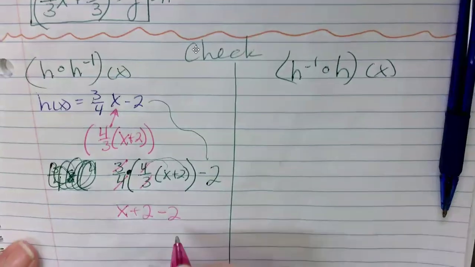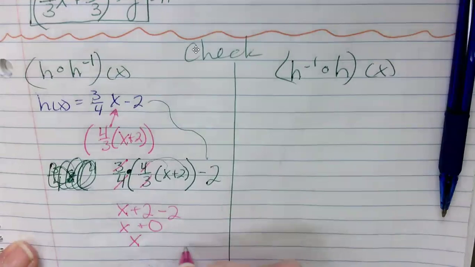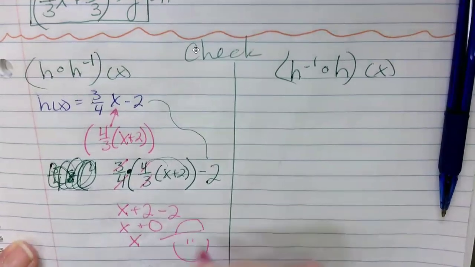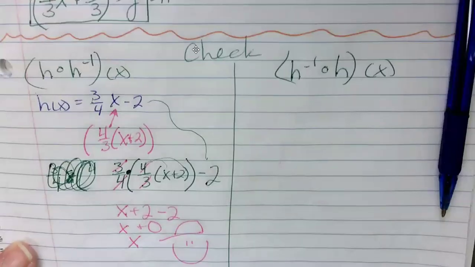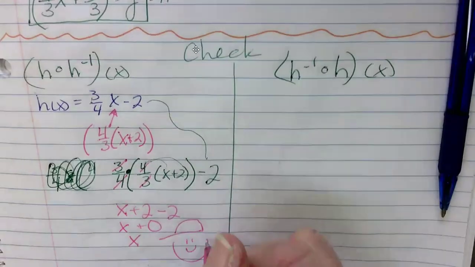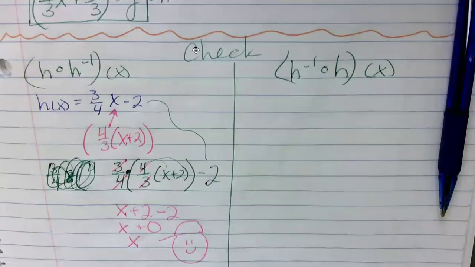X plus 2 minus 2 is x plus 0, or just x, which is exactly what we're going for. I think I'm making my smiley faces too big so they look like faces. There we go. That's better.